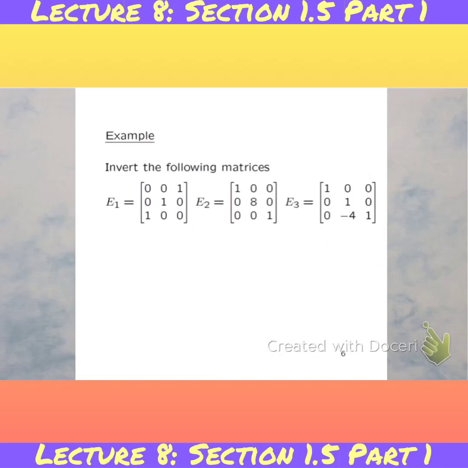The inverse of E3 is going to be the same story. It is going to be the matrix 1, 0, 0, 0, 1, 0, 0, 4, 1.